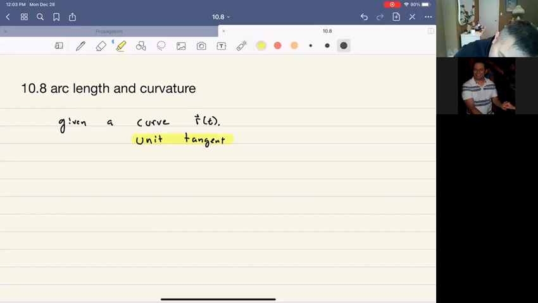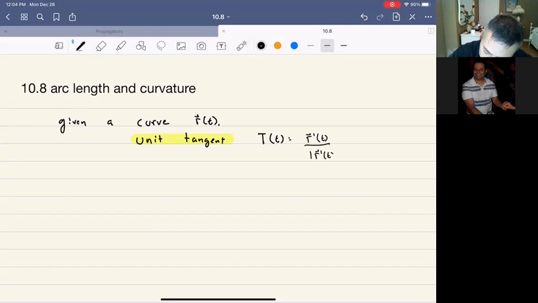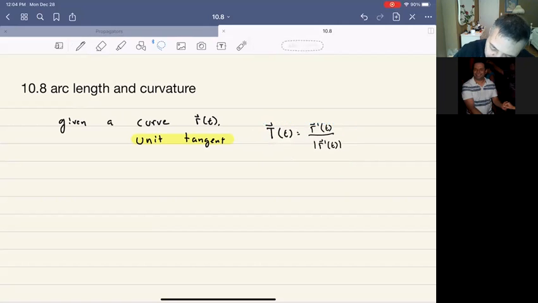The unit tangent is given by T of t, which is going to be the velocity of the curve divided by the speed of the curve. We make it clear that's a vector. Okay, so we've got our unit tangent.